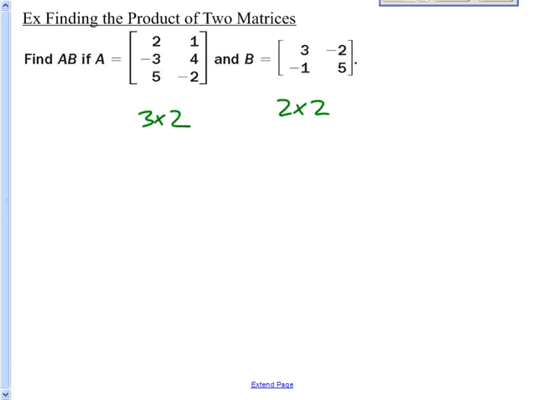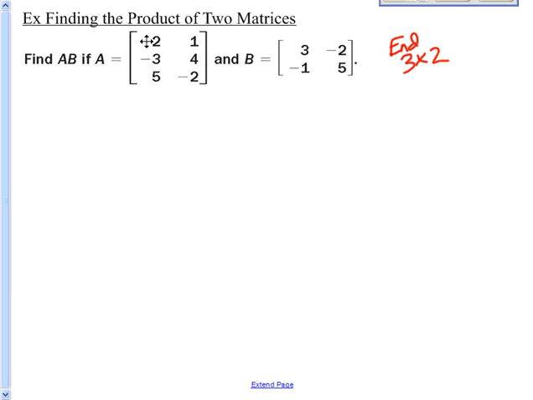So I say, are the columns of the first and the rows of the second the same number? Yes, they are. If so, the new dimensions will be 3 by 2. So yes, it is defined, and we'll end up with a 3 by 2 matrix.